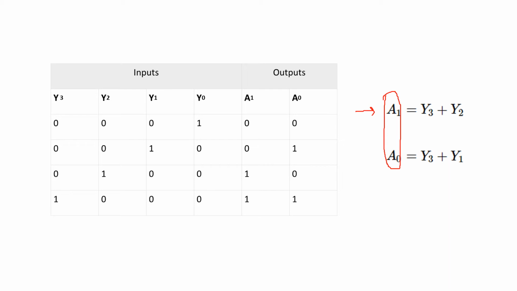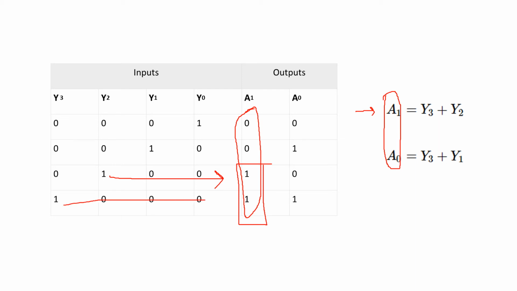Just observe when a1 is high among these 4. It is clear that under these conditions our output is 1. What made our output 1? When y2 is 1, our output is 1, and when y3 is 1, our output is 1.